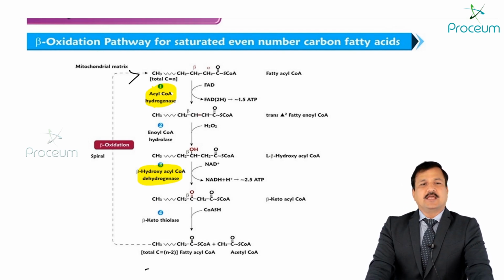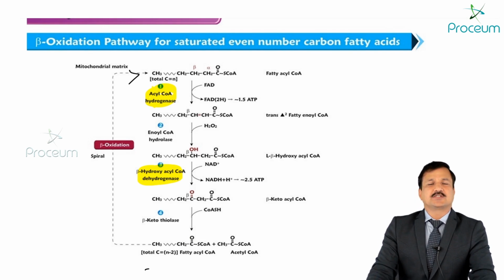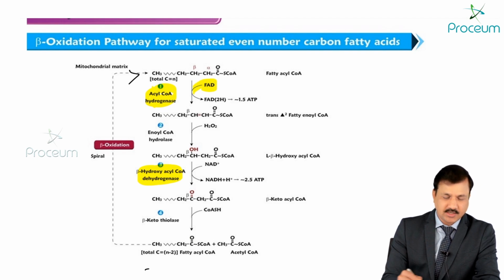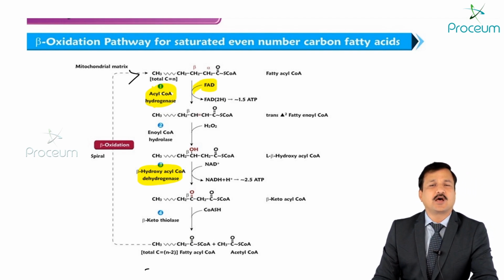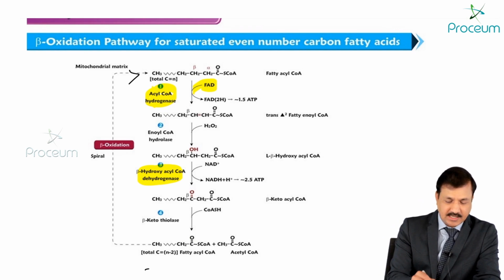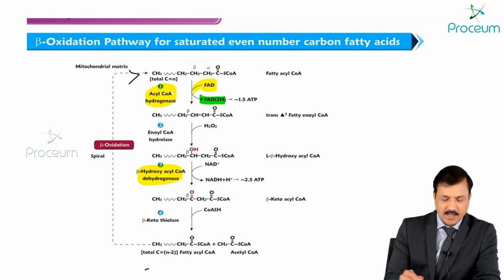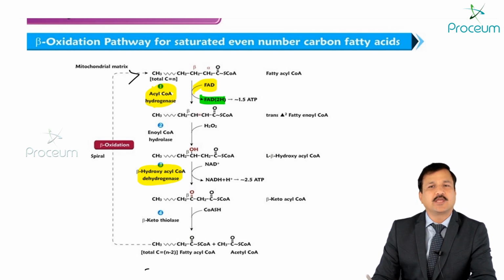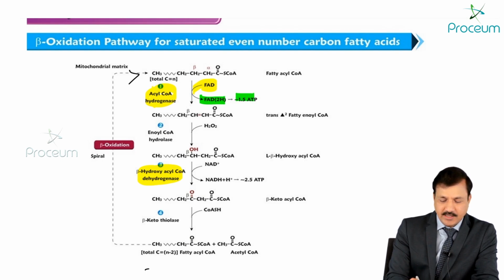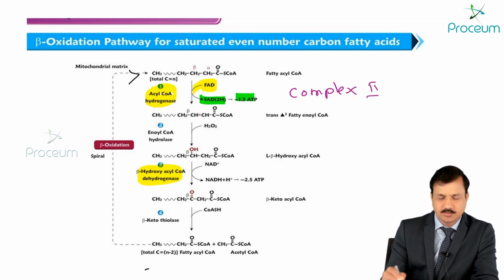Now note that in the acyl-CoA dehydrogenase reaction, FAD is the one that is getting into this reaction as a coenzyme and also a co-substrate, and the FAD is coming out of the reaction as FADH2, and this FADH2 is going into the electron transport chain to give 1.5 ATP. Why? Because FADH2 will enter into complex 2 in the electron transport chain.